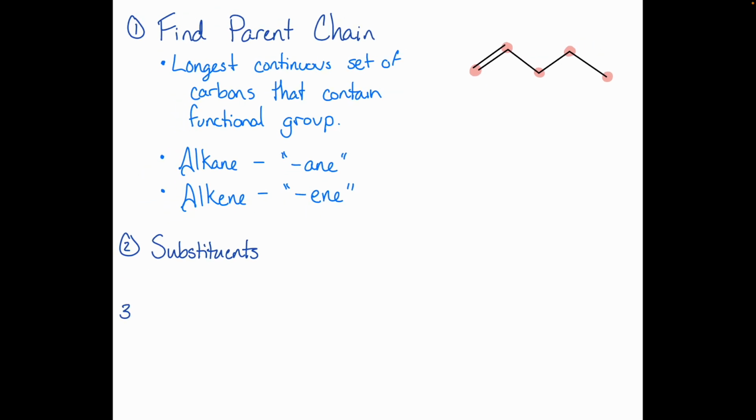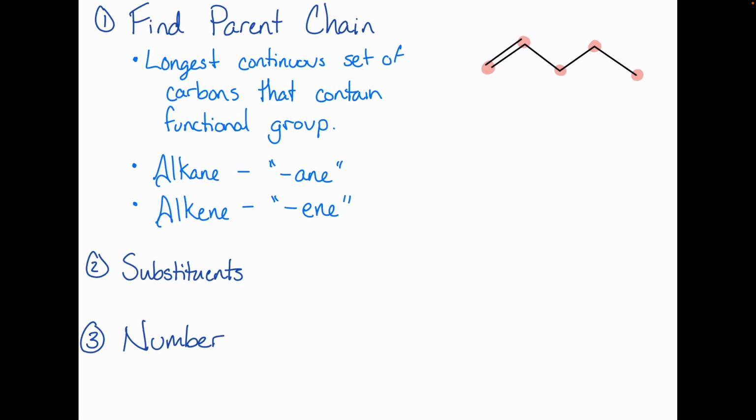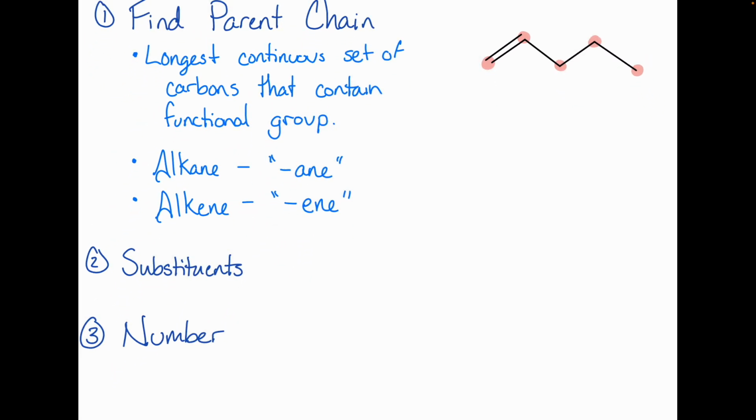Step 3 is to number our parent chain. And this we do have to do because I have to indicate where that double bond is in my molecule. In this case, it's located between carbons 1 and 2. I could pick it up and move it to be between carbons 2 and 3, and that's a different molecule.